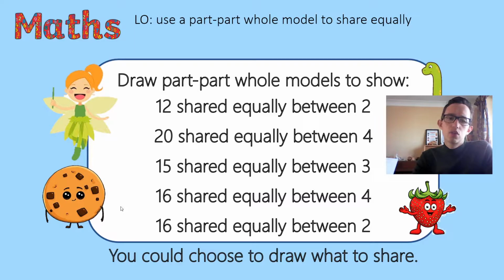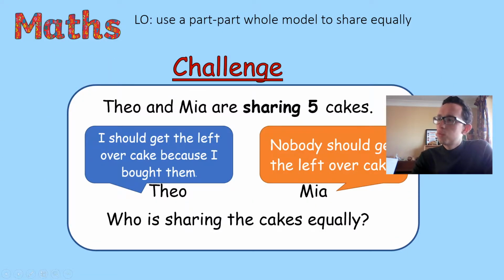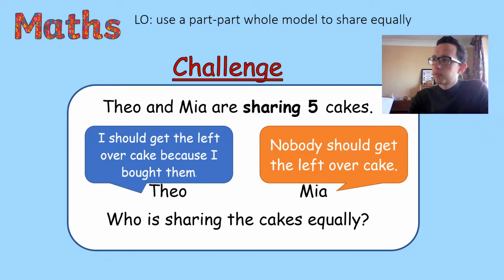And I wonder if you'll see anything interesting about these last 2. And then, of course, there is a challenge, like always. This one today reads, Theo and Mia are sharing 5 cakes. Theo says, I should get the leftover cake because I bought them. Well, maybe Theo's right.